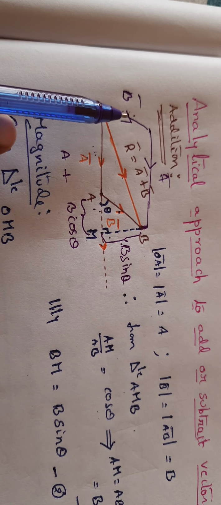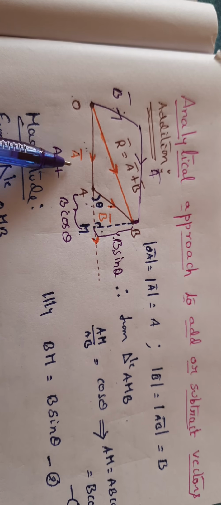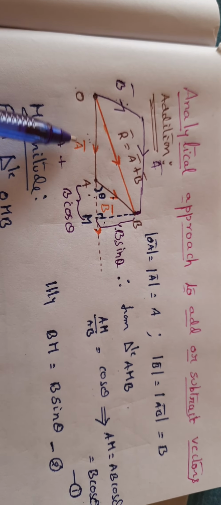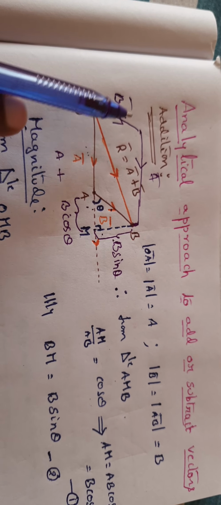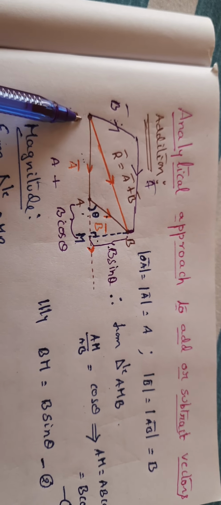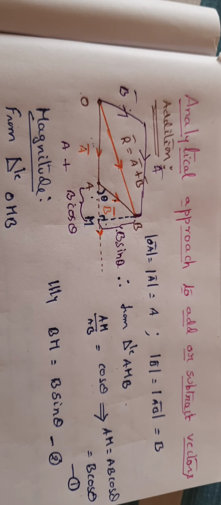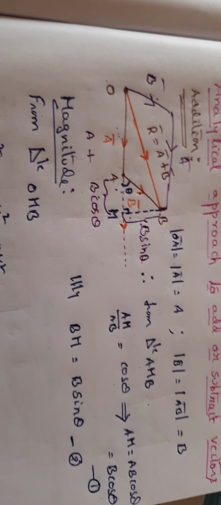So now I repeat that one again. If two vectors are represented by two adjacent sides of a parallelogram in direction and magnitude, then their resultant is represented by the diagonal drawn through the same point. Beautiful, right? Yes.